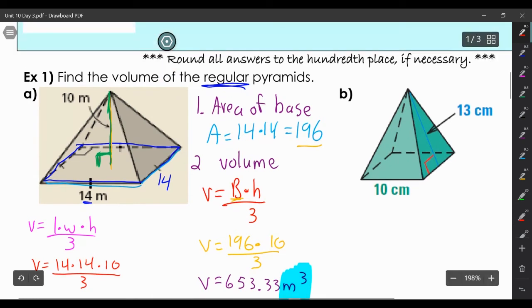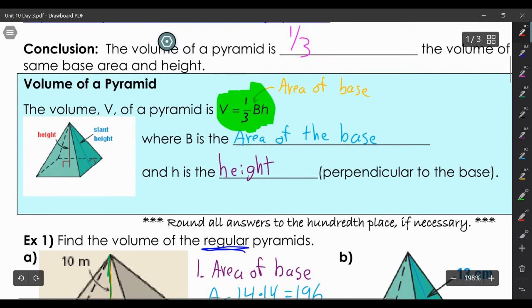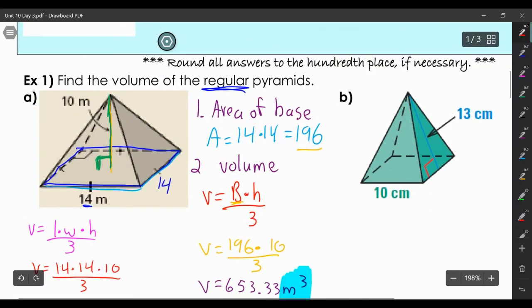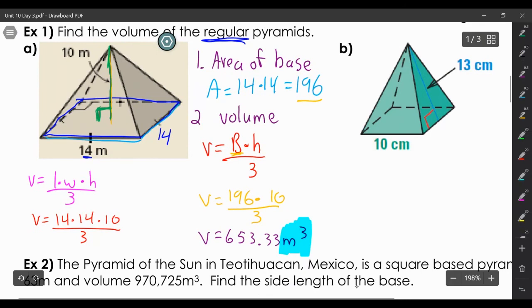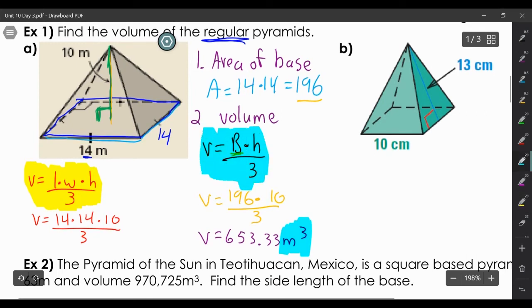This formula, where we multiply the area of the base times the height, works for all pyramids. This formula right here only works for rectangular pyramids. So we can use this one for all pyramids, triangular, hexagonal, and so on.